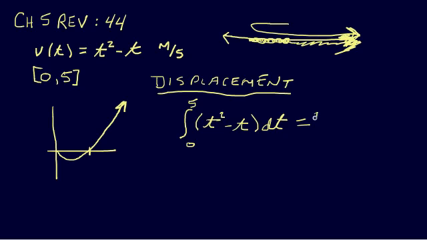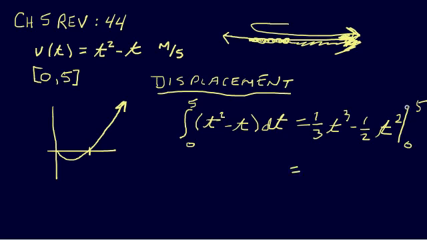That produces 1/3 t cubed minus 1/2 t squared from 0 to 5.